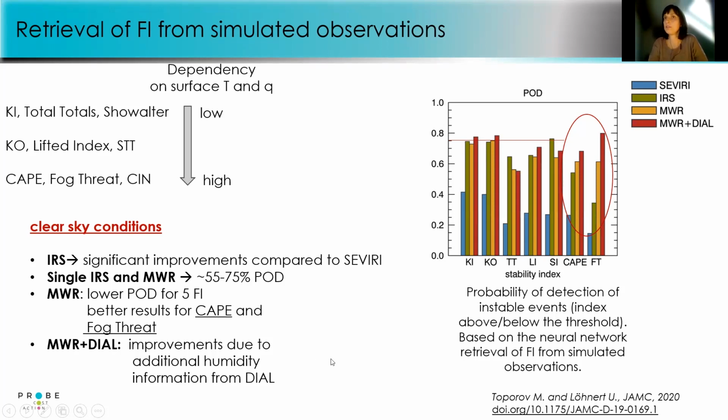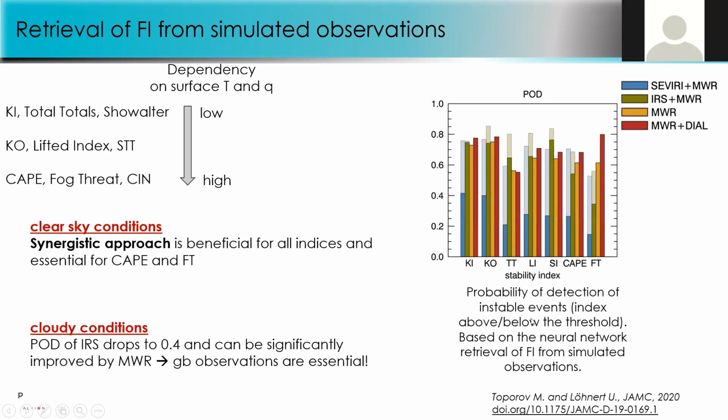And further improvement can be achieved if we use water vapor profiles from dial sensor. If we apply synergistic retrieval, that means if we take IRS and microwave radiometer observation vector as input for neural network retrieval, we can see that this synergistic approach is beneficial for all indices.